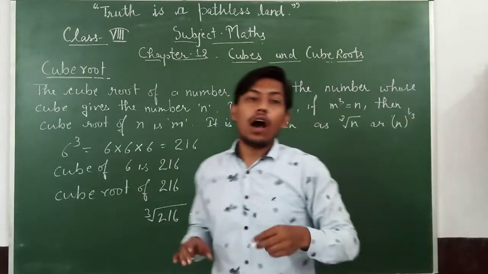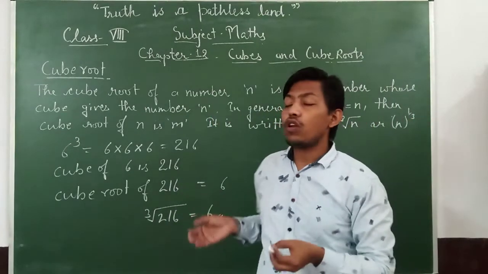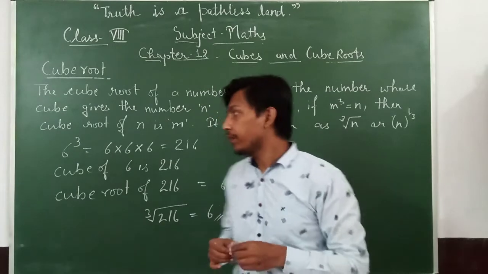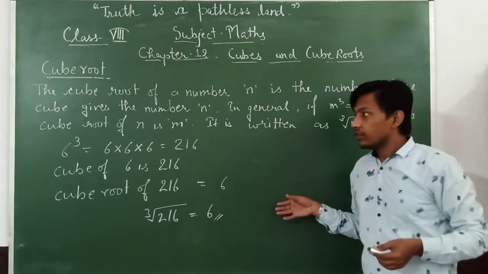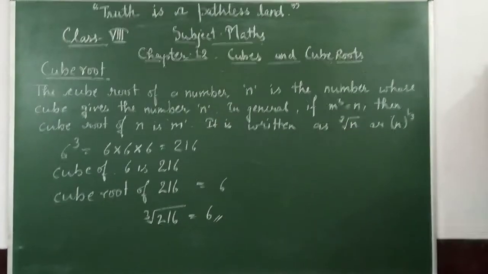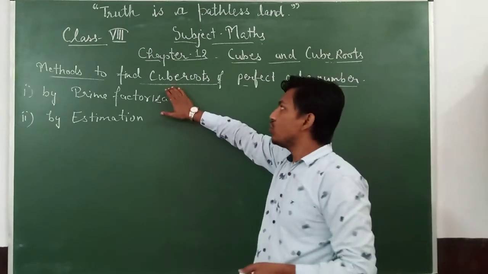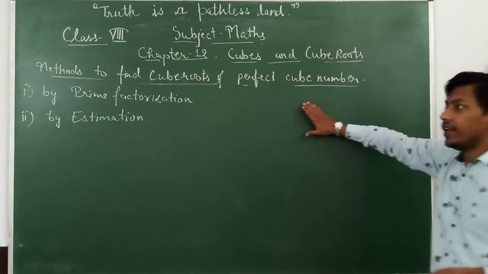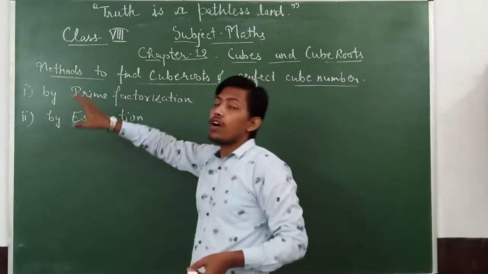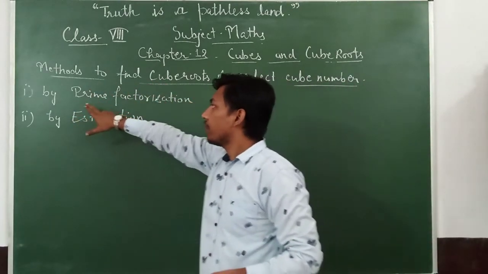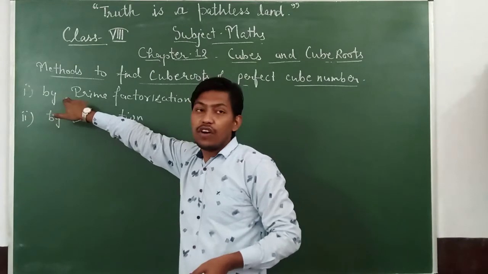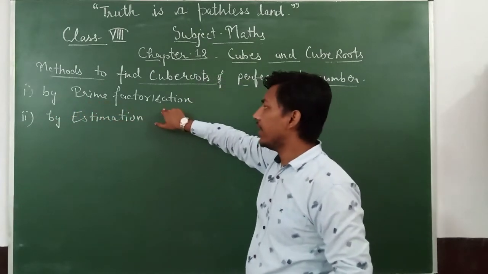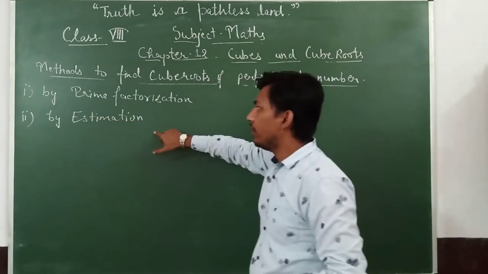Now we will discuss how we can find the cube root of any number. Methods to find cube roots of perfect cube numbers: there are 2 methods. First is the prime factorization method and second is the estimation method.